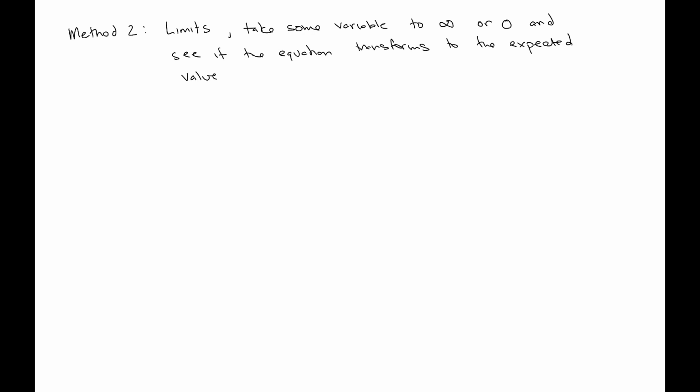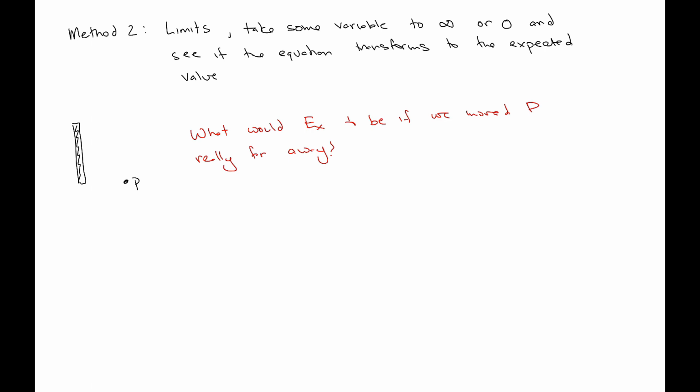So what is the expected value? Well, let's think about it. We've got a rod of charge here, and we've got some point P. What would you expect if we moved P really far away?